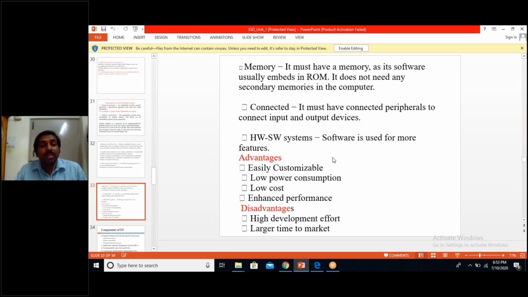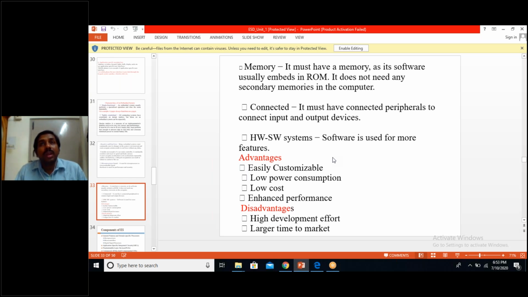Coming to advantages of embedded systems. Advantages means that after embedded systems came, we are able to do many of our works in a simple manner. Like we have dishwashers, washing machines, air conditioners, televisions. And all are customizable.